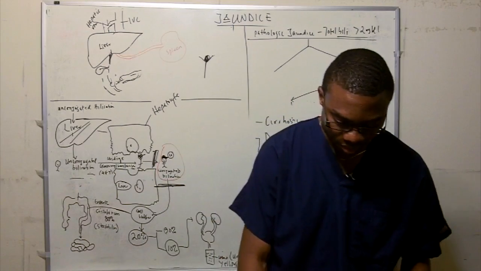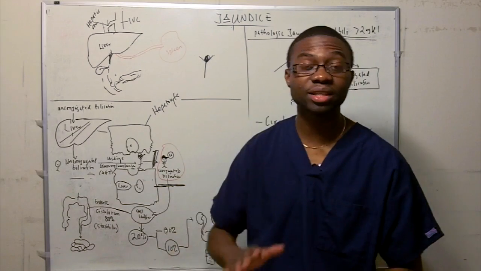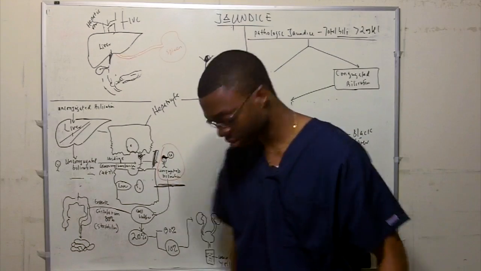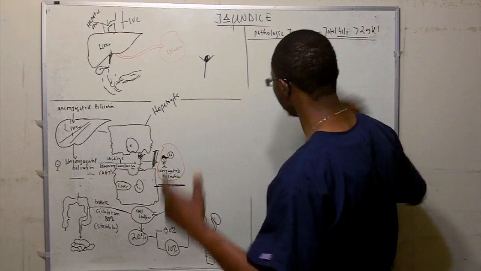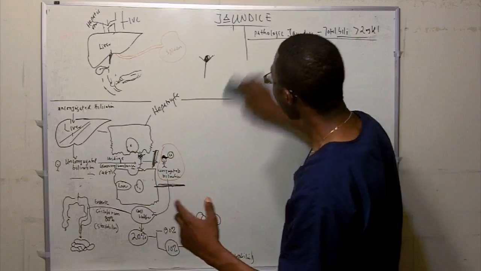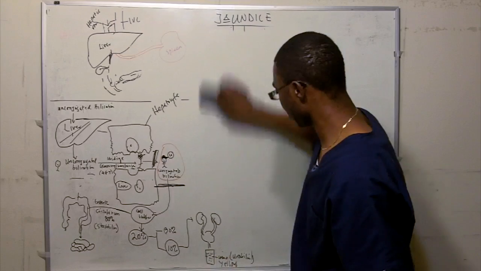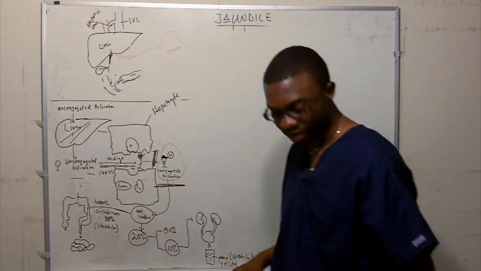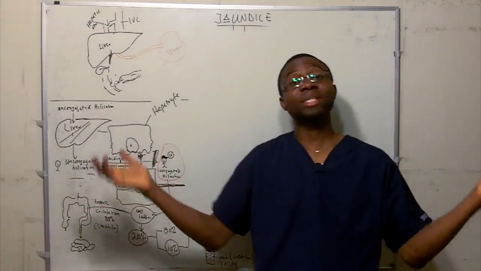Now, what you need to know about conjugated and unconjugated in terms of symptoms is this. Now that you know the pathology behind it, the pathophysiology behind it, and what they're going to present with, they're going to look yellow. They're going to come in yellow.